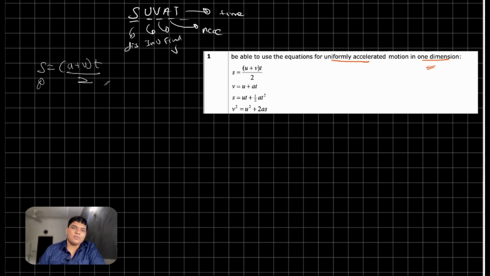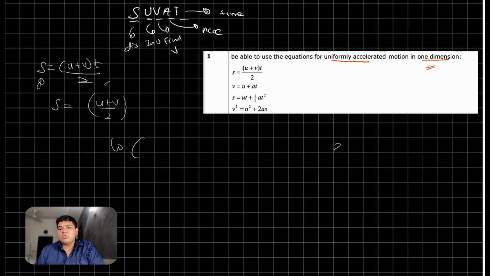What does (U plus V) over 2 mean? The initial plus final velocities divided by 2. That would be the average velocity across the period in which it's travelling.